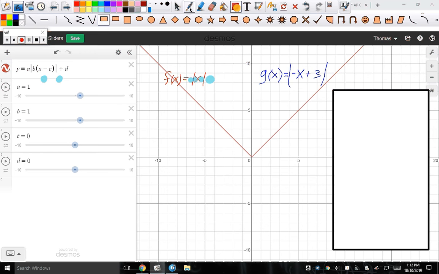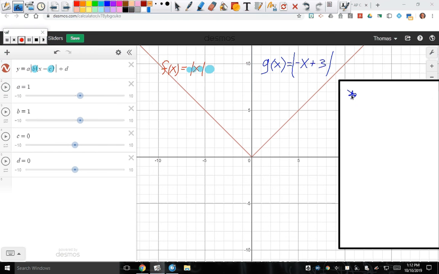The very first rule, like the very first caveat, the warning, is this: B must equal a positive 1. Right now, B does not look like it's positive 1. It looks like it's negative 1. You with me? B is the coefficient right in front of the x that's inside of the absolute value.